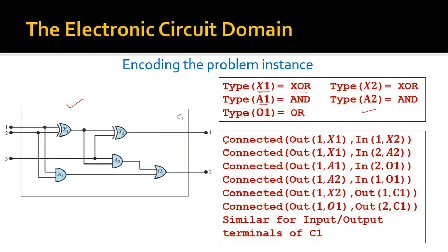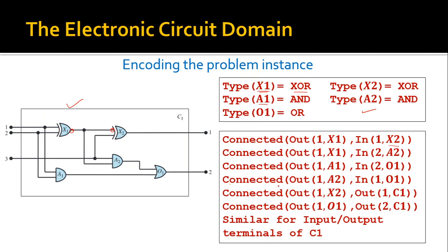We are explicitly mentioning the connections, like the output of the first terminal of the first XOR gate, that is this one, is connected to the input of the first terminal of the second gate. So basically this terminal, right? So you can pick one randomly.